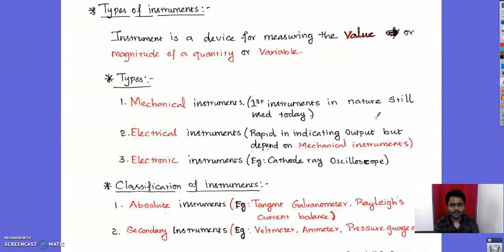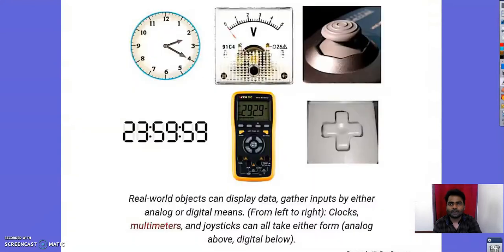That is, the tangent galvanometer shows the instant value then and there without any additional reference needed. Coming to secondary instruments, examples are the voltmeter, ammeter, and pressure gauge. They need some secondary inputs, that is some conversion method, in order to get the value of the quantity to be measured.